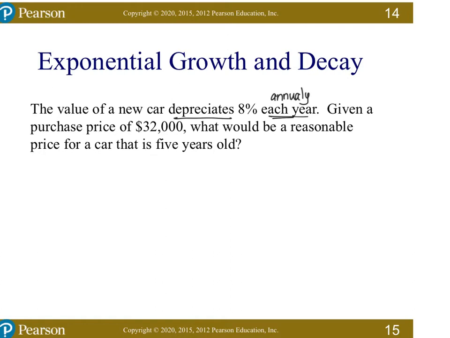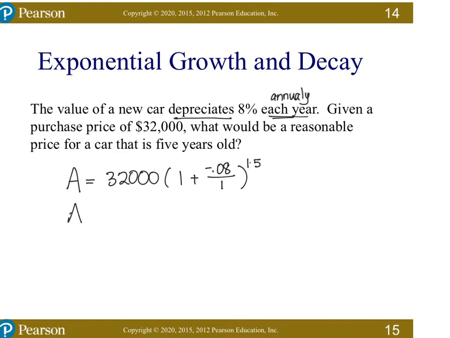Given a purchase price of $32,000, what should you pay? What would be a reasonable price for a 5-year-old car? All right, A equals the initial principal value, $32,000, times 1 plus a negative 0.08, because this is a depreciating value annually, and then raised to the year 5.